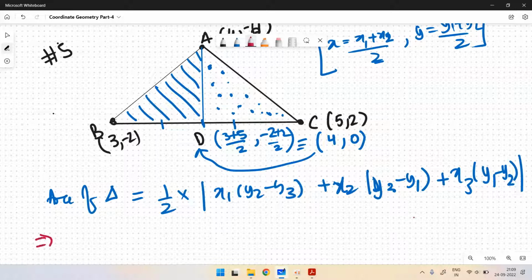So this is half into this, first calculating for triangle ABD, doing the same thing.